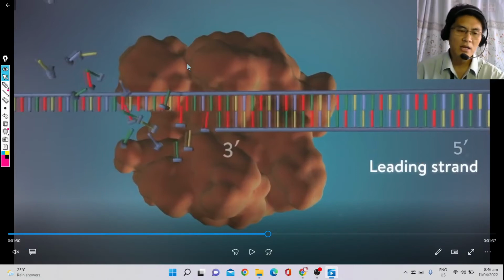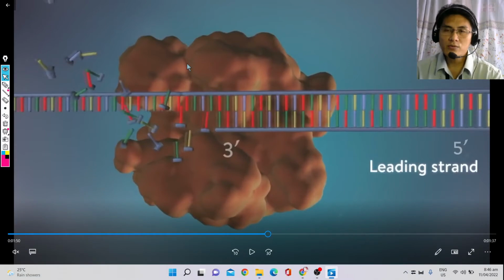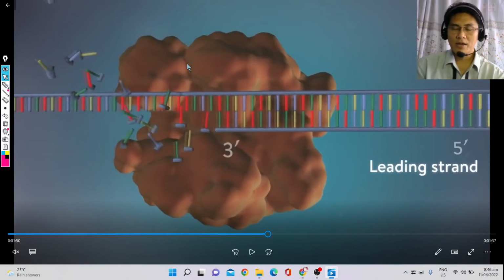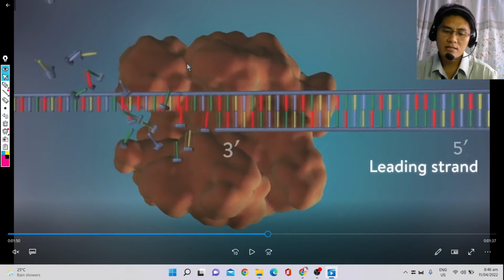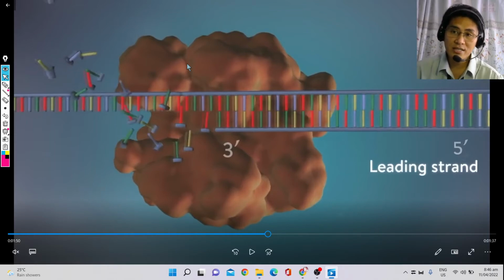And if you think about it from the evolutionary perspective, if I'm a cell and I have to evolve a DNA polymerase that can go 5 prime to 3 prime, and then another DNA polymerase that can go 3 prime to 5 prime, that means I have to go another millions or hundreds of millions of years of evolution to develop that other kind of DNA polymerase that can build 3 prime to 5 prime. And that's resource intensive.